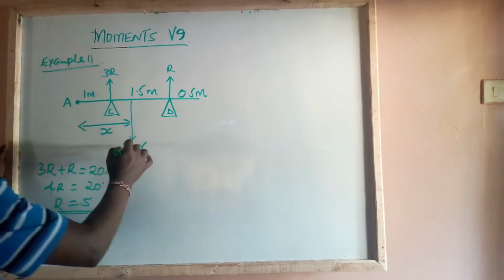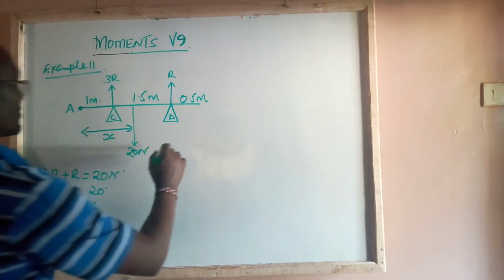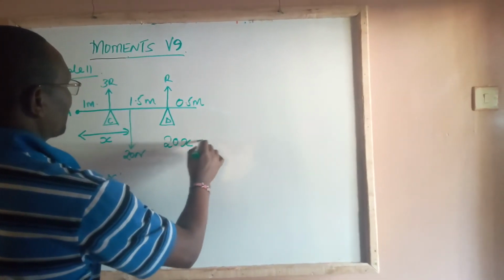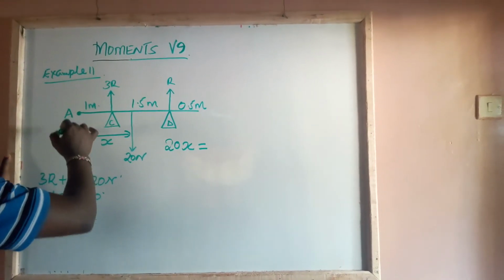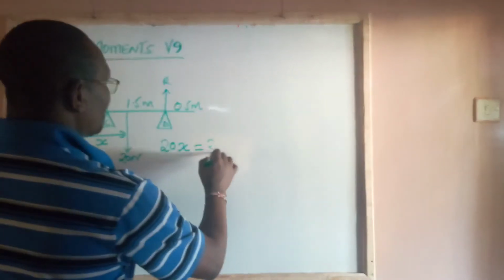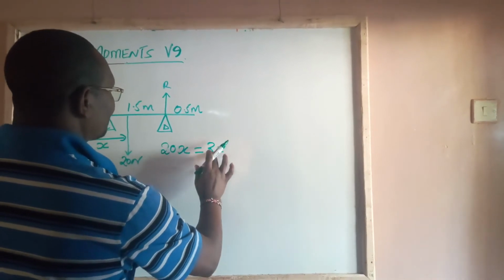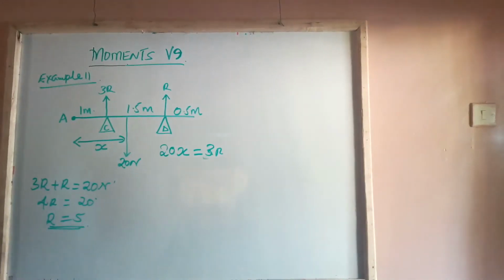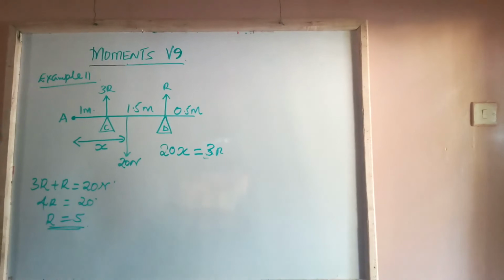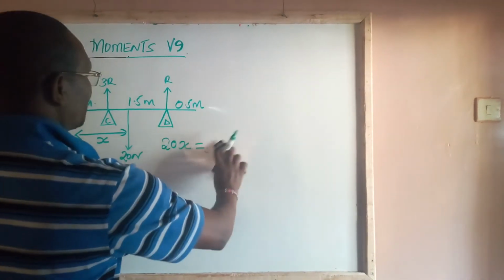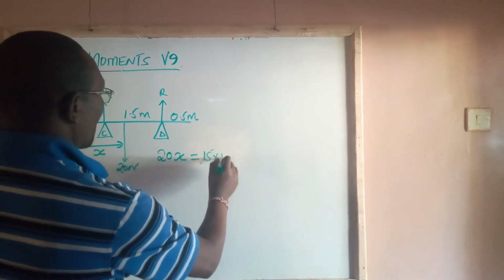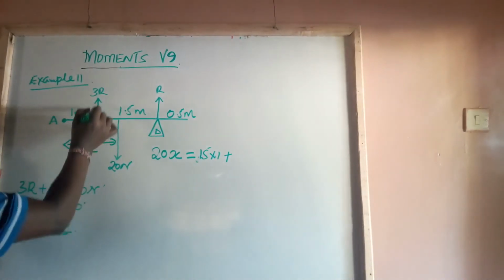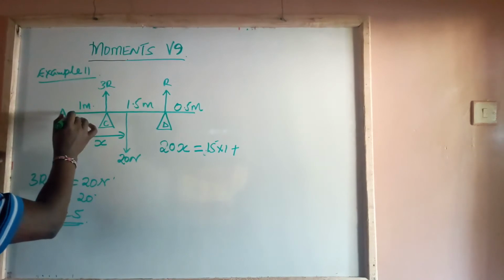So 20 newtons is obviously clockwise, so 20x is equal to 3R times 1, which is anticlockwise, and of course you know what R is. R is 5, so 15 times 1, plus there is R times this perpendicular distance.